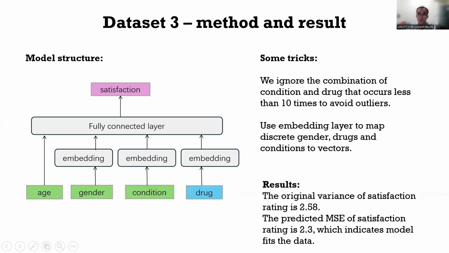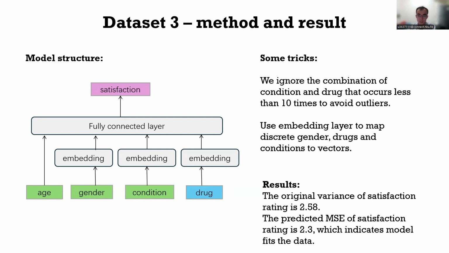We use a shallow neural network to predict the satisfaction rate. To get meaningful results in both training and predicting, we ignore the combinations of conditions and drugs that occur less than 10 times to avoid outliers. Then we use an embedding layer to map discrete gender, drug, and condition factors, which is easier for the model to process.